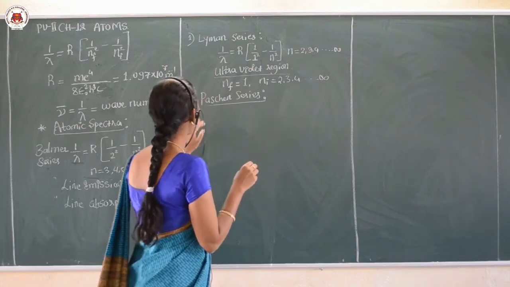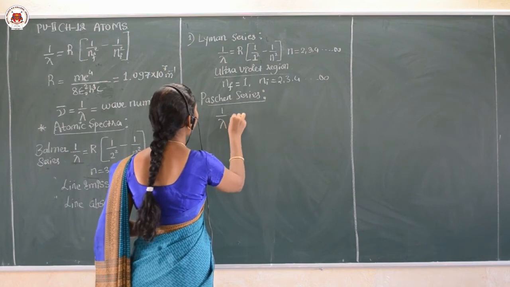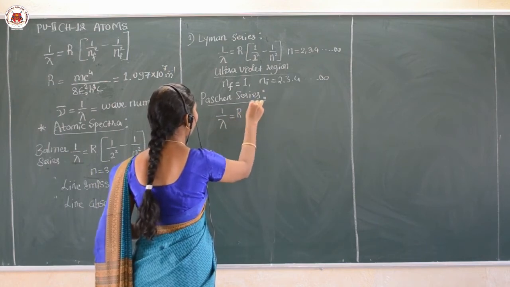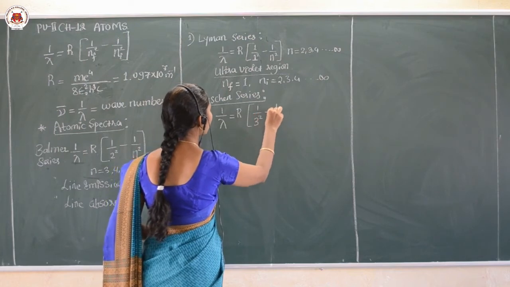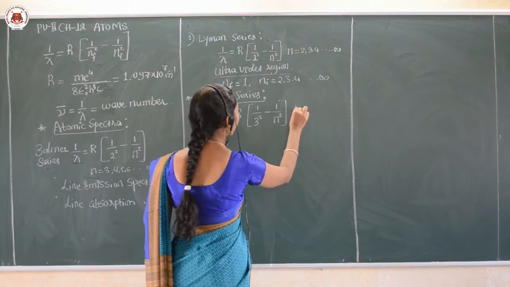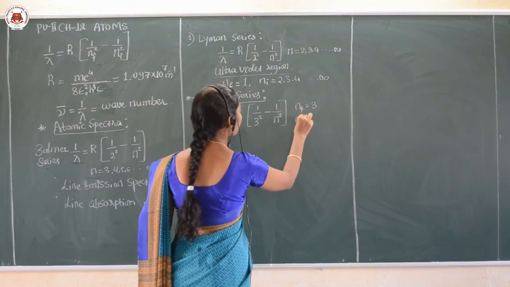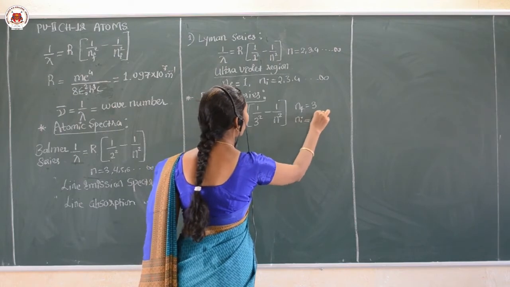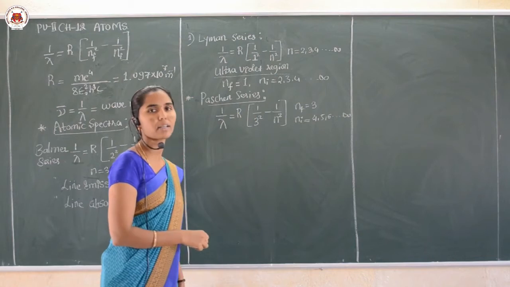And in the case of the Paschen series, we write the formula 1 by lambda is equal to R into 1 by 3 square minus 1 by n square, where we can write that nf is equal to 3 and ni is equal to 4, 5, 6 up to infinity we can consider.